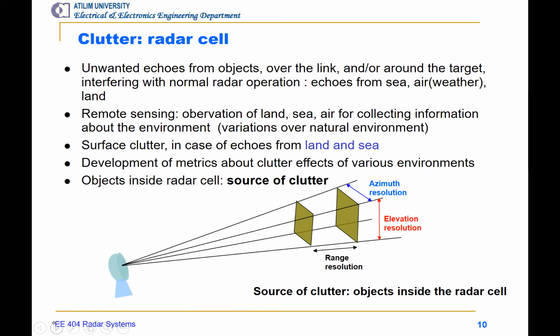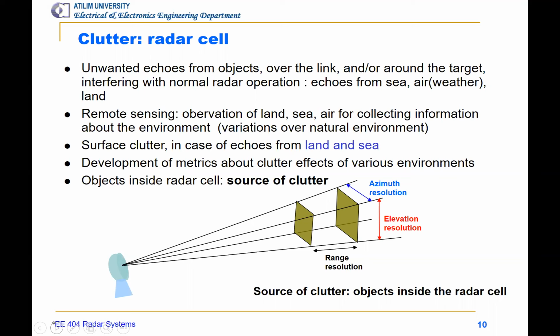We have already talked about clutter previously, not in detail, but we said that any echo from the objects over the link or around the target is called clutter. It might be echoes coming from an object. It might be echoes from the sea. For example, it might be echoes from clouds or birds or other objects nearby the target.